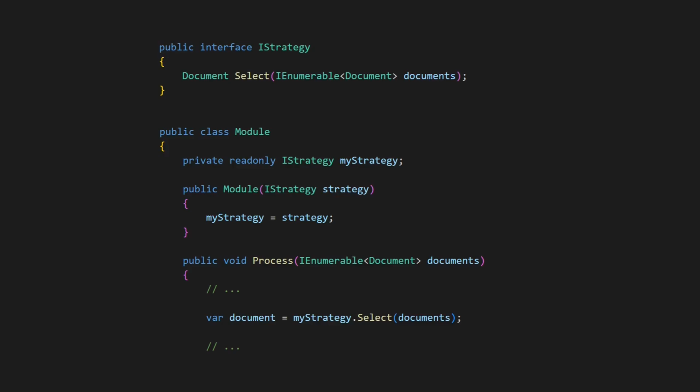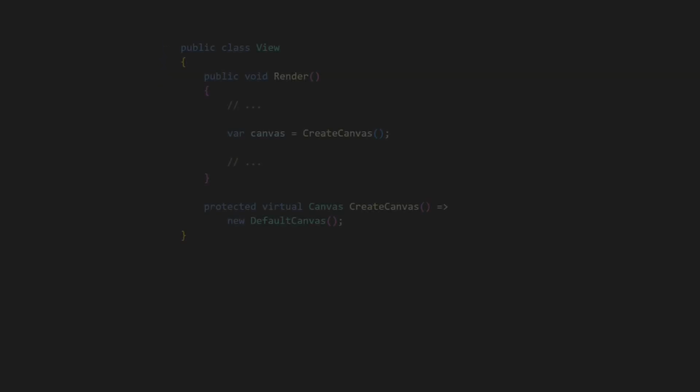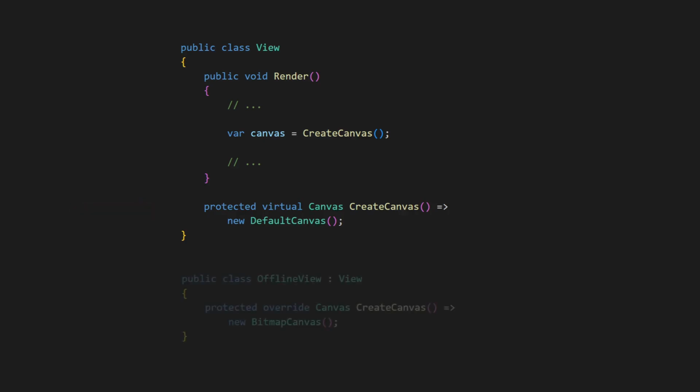The module then uses this interface to delegate decisions or actions to the implementations of this interface, and so allows the clients of this module to provide different extended behaviors in different contexts. Another classic design pattern used to apply the open-closed principle is the template method pattern. Here a class allows extending its behavior by providing protected virtual methods, often also called hooks, which could then be overridden by different derived classes.